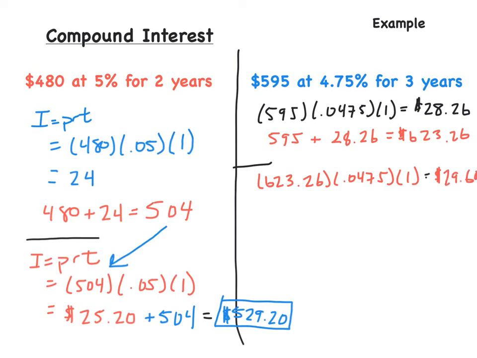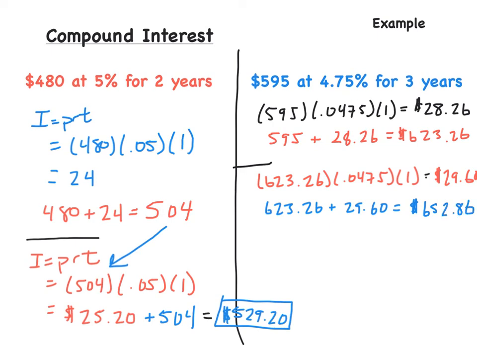that is equal to $29.60. When we add those together, if we have the $623.26 plus the $29.60 of interest that we make, we would have $652.86.